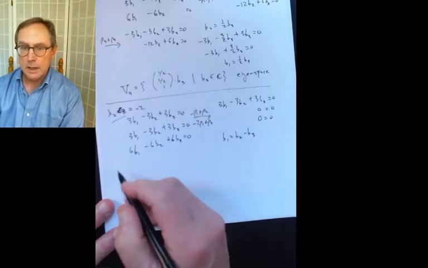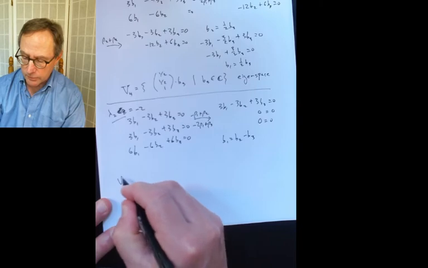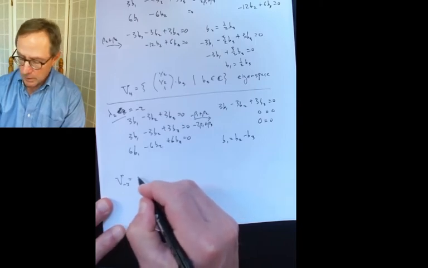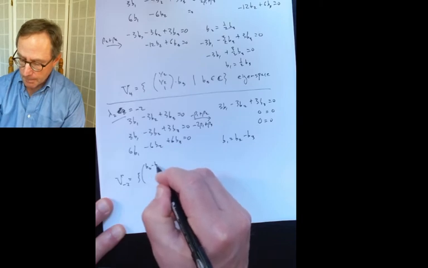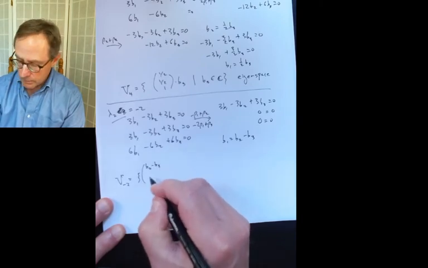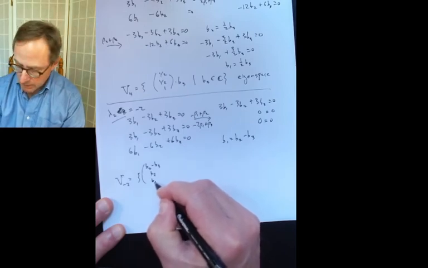So when all is said and done here, I get v sub minus 2 is the set of all b2 minus b3, and b2, and b3. Couldn't read my own handwriting.